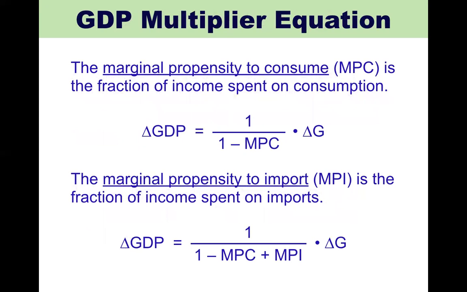And we have very similar equations to those that we saw in our fractional reserve, deposit multiplier, money multiplier, when we looked at how commercial banks can increase the money supply, right? So the multiplier effects are very similar mathematically. So we talk about this marginal propensity to consume, MPC. This is the fraction of income that people spend on consumption.